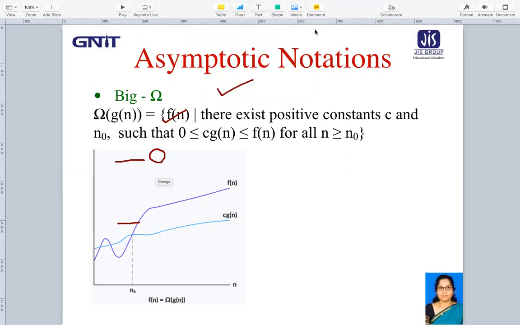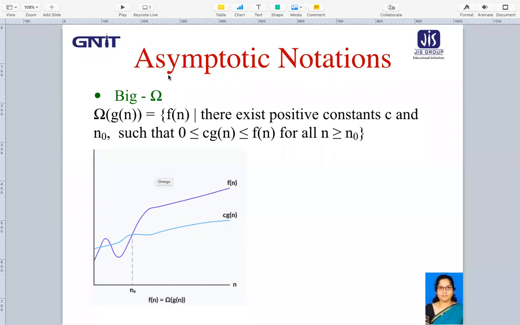Now, let us see the next notation, which is known as the big omega. Now, big omega is what? It is just the reverse of big O. So, in case of big O, Fn was always less than or equal to Cgn, and in case of big omega, Cgn is always less than or equal to Fn for the same positive constants C and N0.